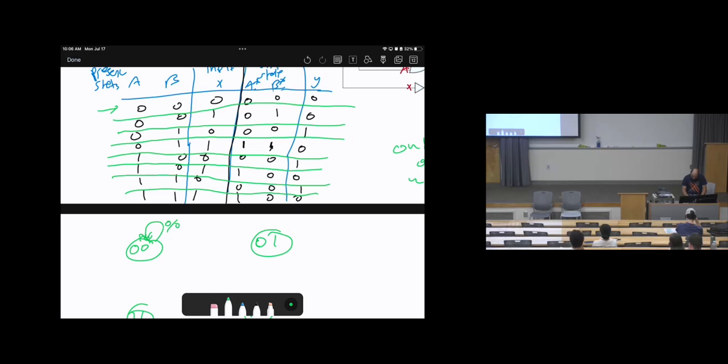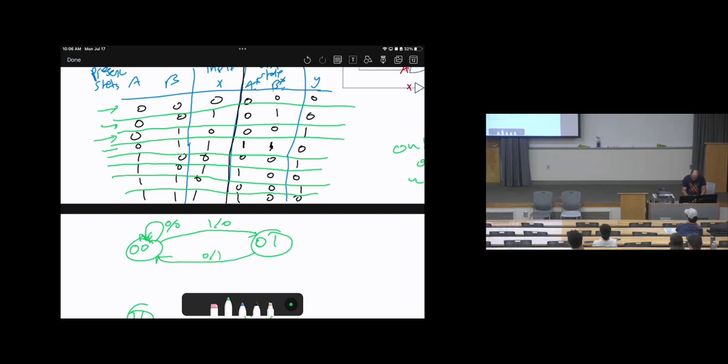If the input is 1, we will go to 01, which is this state, and the output will be 0. So you see, using the generalized model, it will make it much easier to follow. Then 01: if the input is 0, we will go back to 00, and the output is 1.